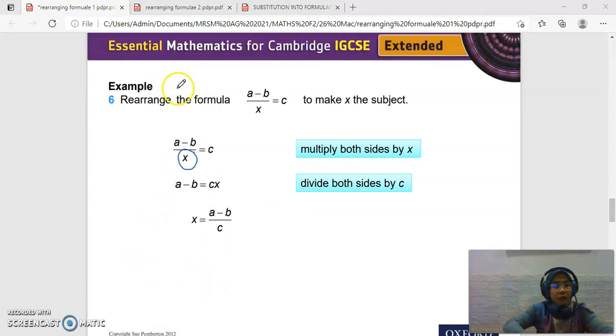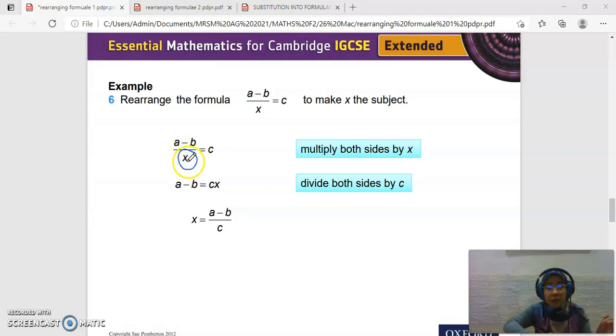We rearrange the formula a minus b over x equal to c to make x the subject. For this part, x is located at the denominator. So the rule is you cannot bring a or b to the other side, since a and b have denominator x. If you want to bring any unknown to the other side, make sure that their denominators are settled.